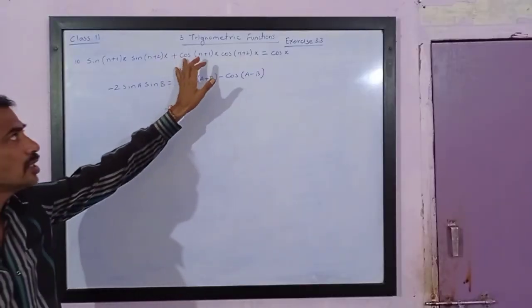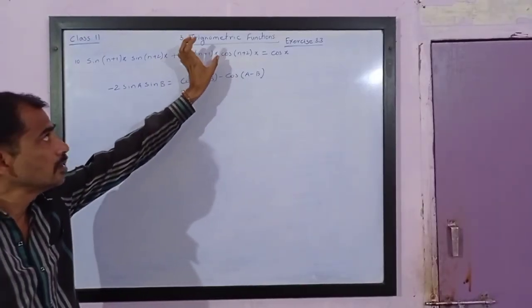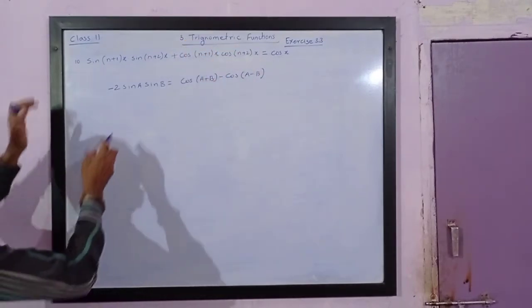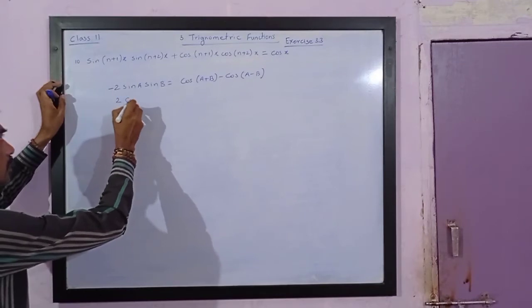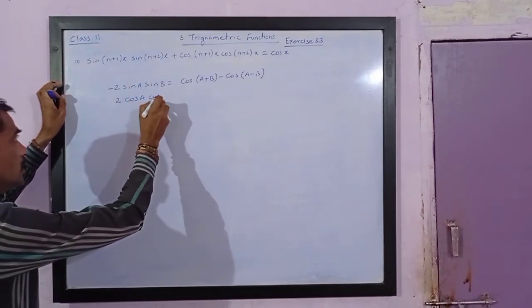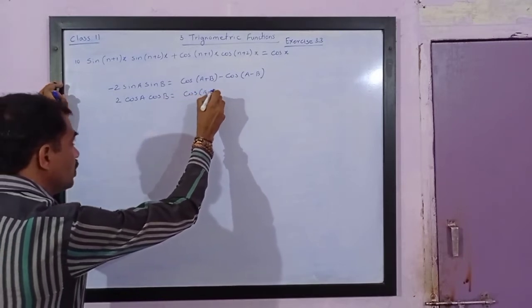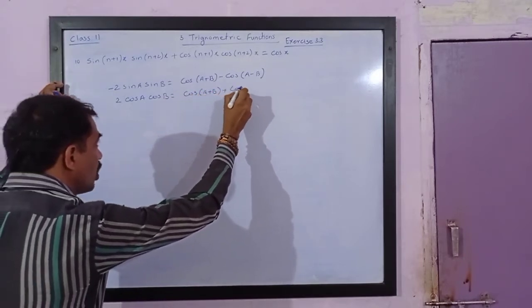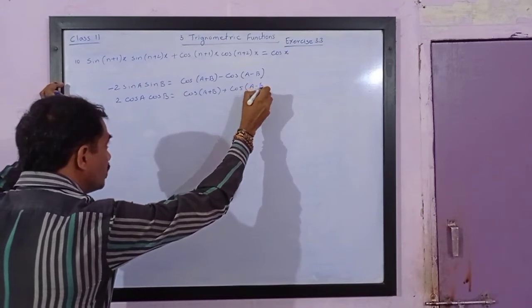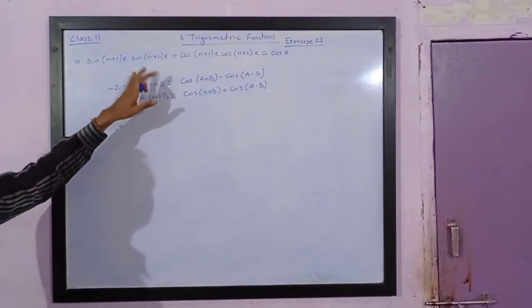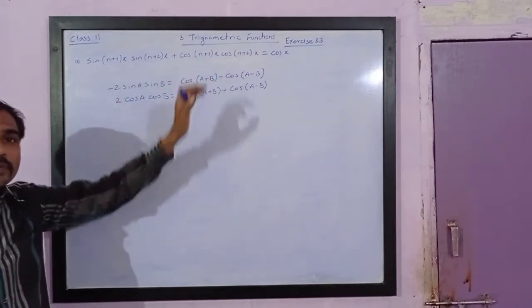And for cos into cos, we are going to use the identity 2 cos a cos b is equal to cos(a plus b) plus cos(a minus b). So by using these two identities, we are going to solve this problem.